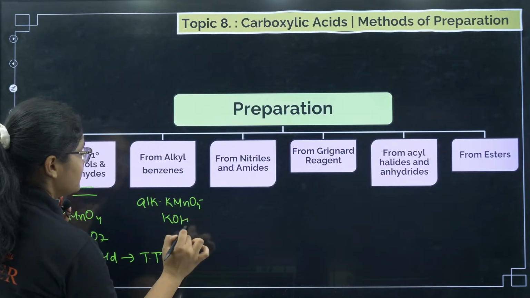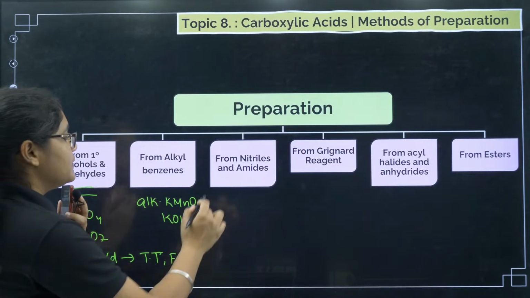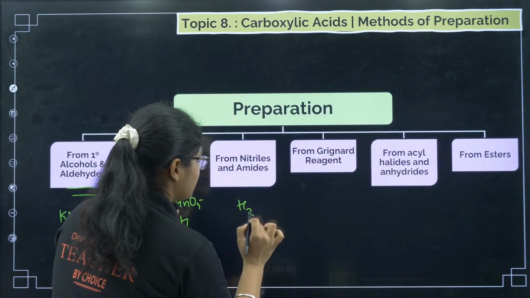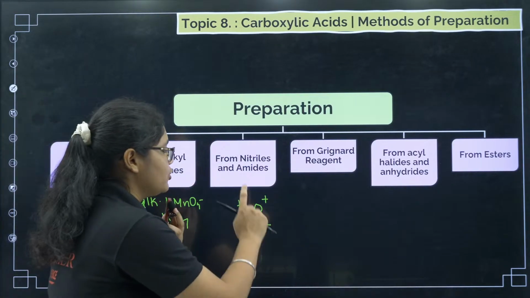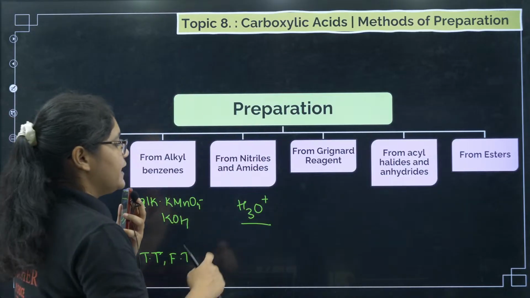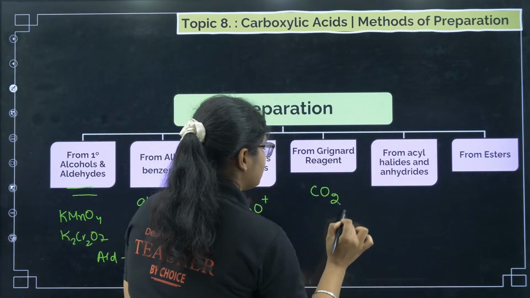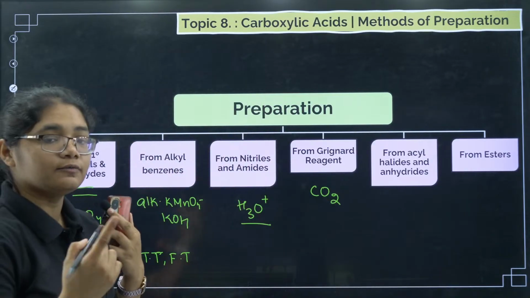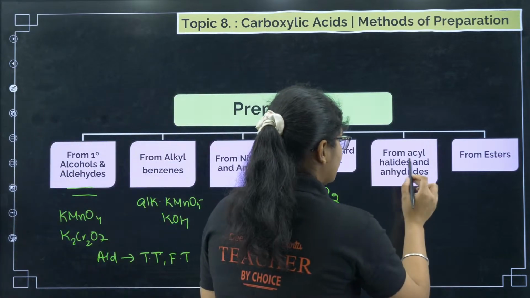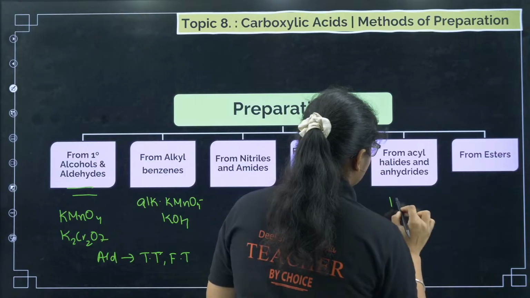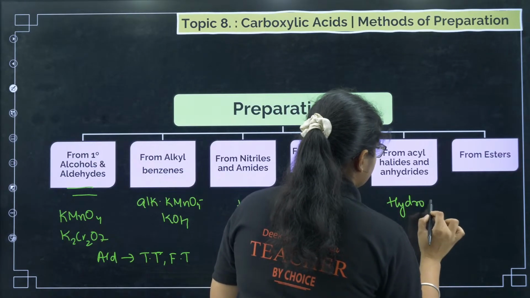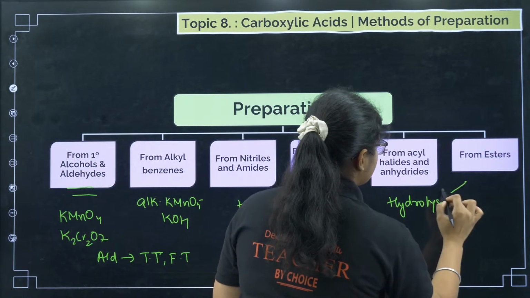From nitriles and amides, simply you have to do hydrolysis. Nitriles are CN. If you do H3O plus, you will get acids. Next, if you treat Grignard reagent with carbon dioxide, you will get acids. From acyl halides and anhydrides, if you do hydrolysis, here also we will get acids, and from esters as well.